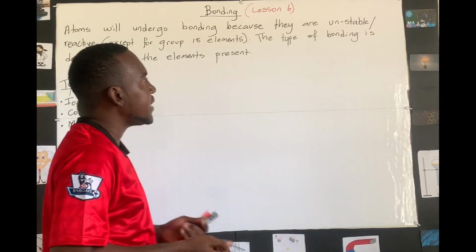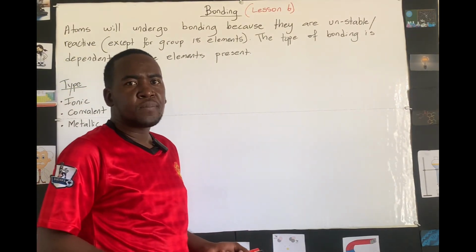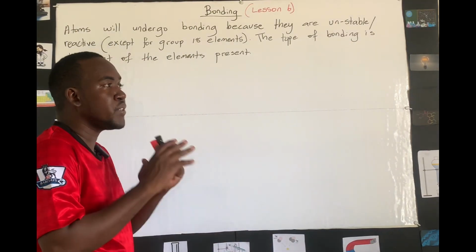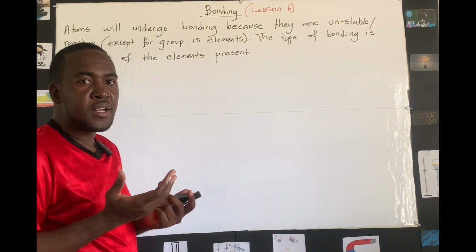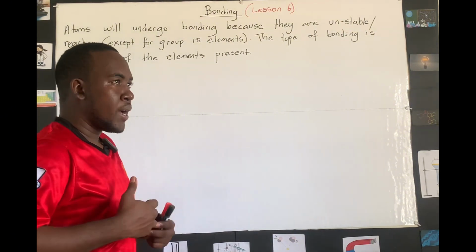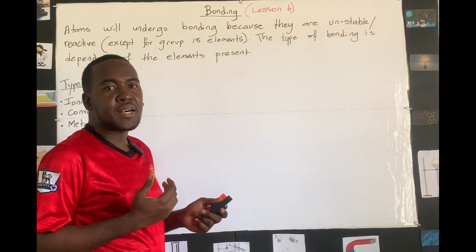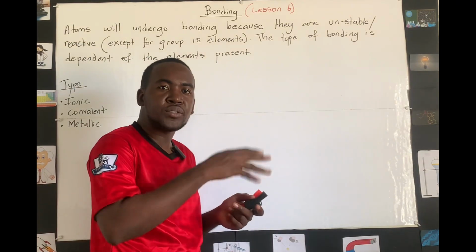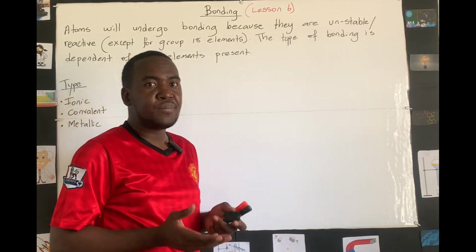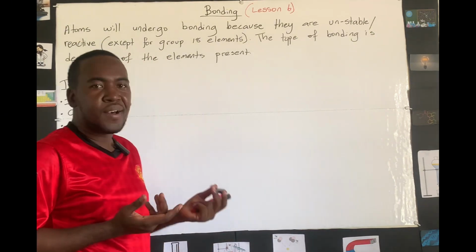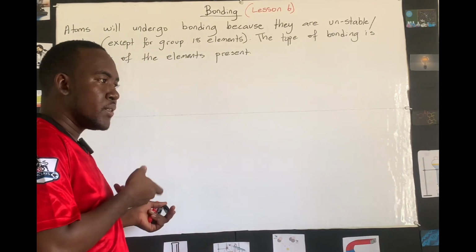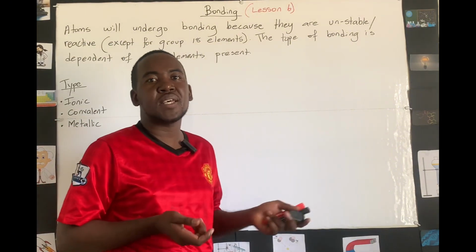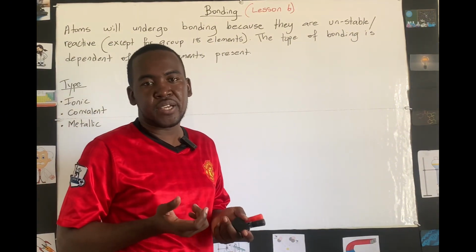Now, why do they undergo bonding? That's because they are unstable. Unstable means they don't have their valence shell filled. Metals, from last class, are atoms whose last shell only has 1 to 3 electrons. That means they need a minimum of 5 and a maximum of 7 to fill their entire shell.